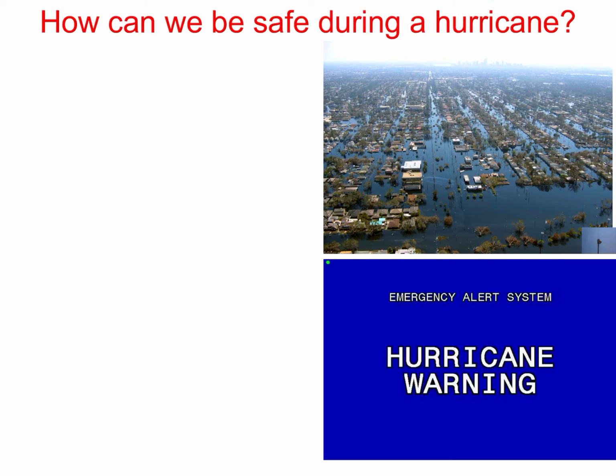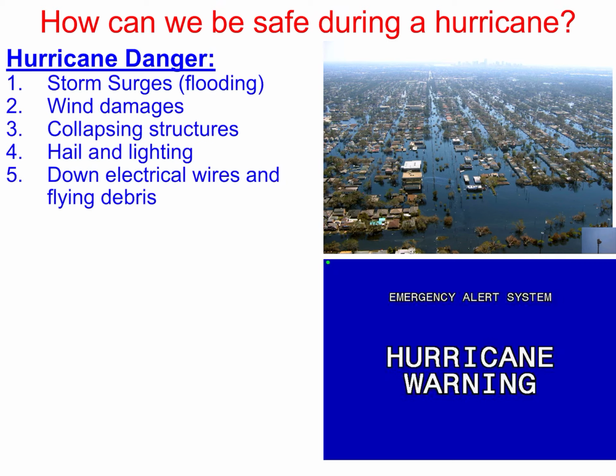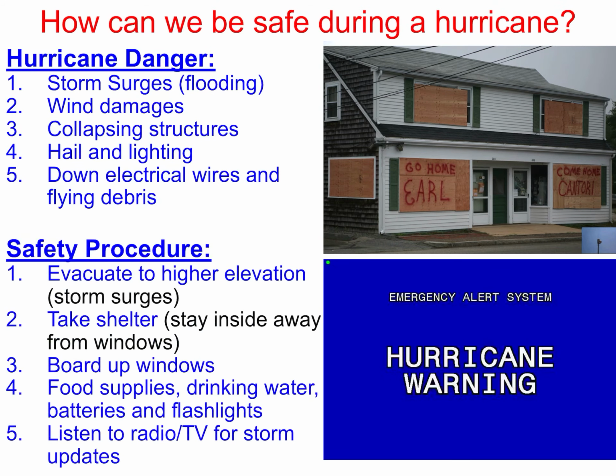All right, how can we be safe during a hurricane? If you're going to have flooding, you're going to want to get to higher ground, right? Avoid that flooding. Close up your windows, board them up if you can. You got a lot of wind, hail, lightning, downed electrical wires, and flying debris. Safety procedures: higher elevation, avoid the floods, take shelter, board up your windows, make sure you have all your food, your water, your batteries, your flashlights, your radio, right?